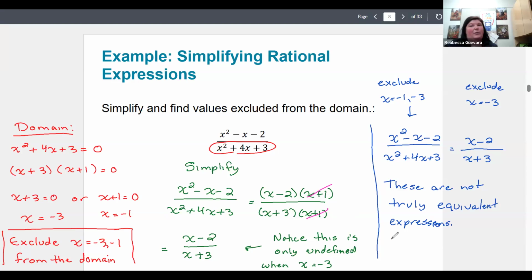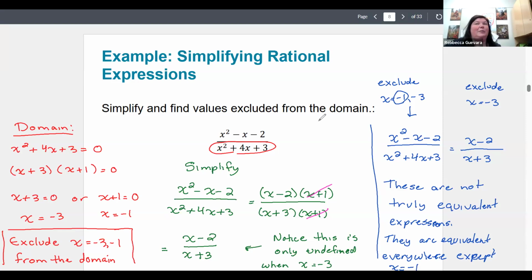They are equivalent everywhere except one spot. Both exclude -3, but this one gets left out, so they are equivalent everywhere except at x equals -1.